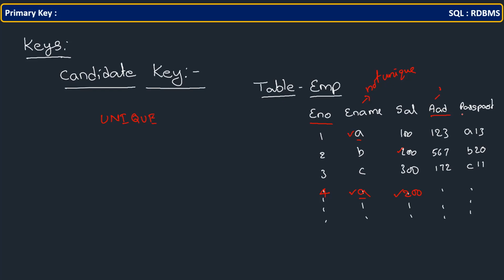Similarly, you have a rule that in your company all employees must have a passport. That means every employee's passport number is also unique. No two employees have the same passport number. So that is clear, first of all: what is unique?